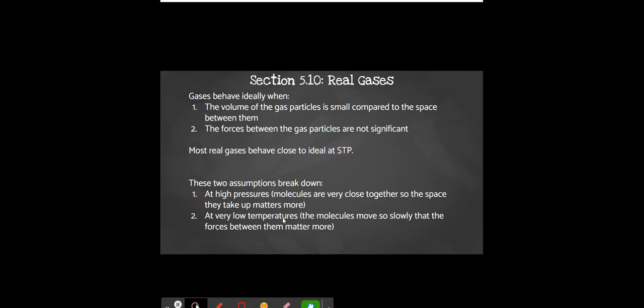The other time is if we cool them down to a very low temperature, below freezing, and we want them really, really slow. They're going to be close enough together and moving slow enough that when they collide, they could actually stick together and start to condense. So at very low temperatures and at very high pressures, the ideal gas behavior starts to break down.